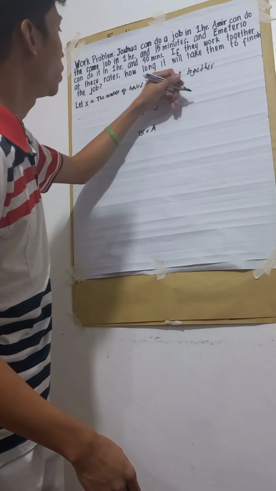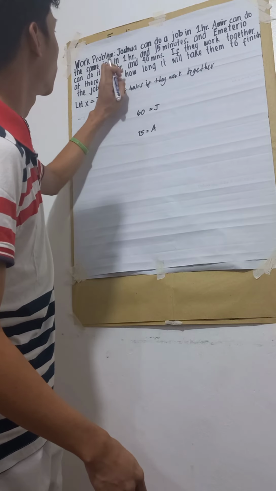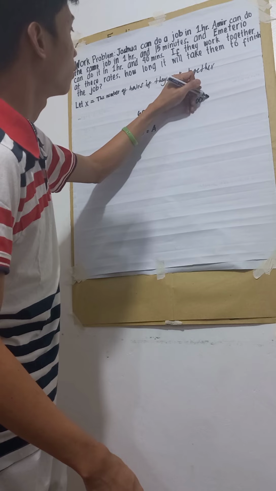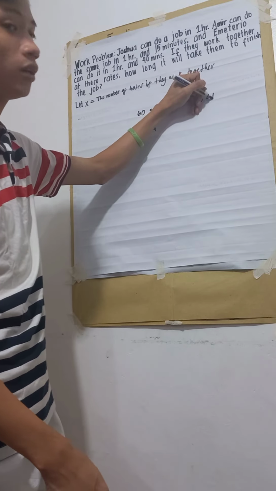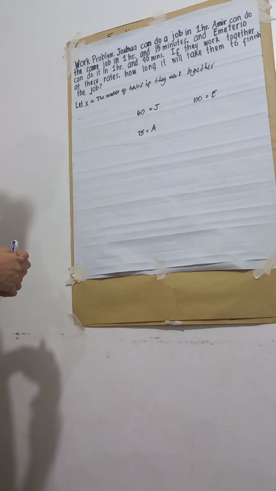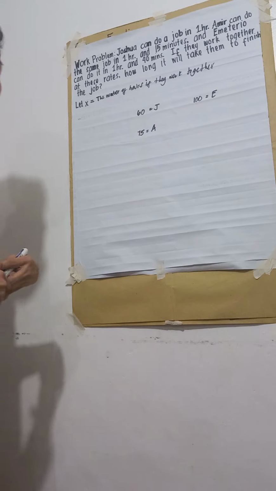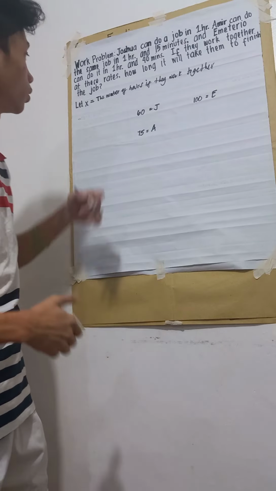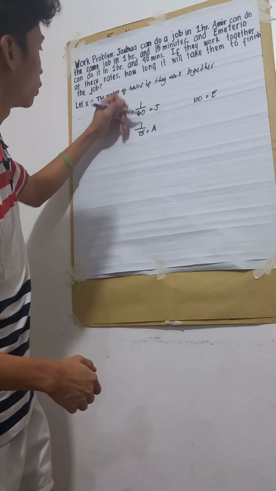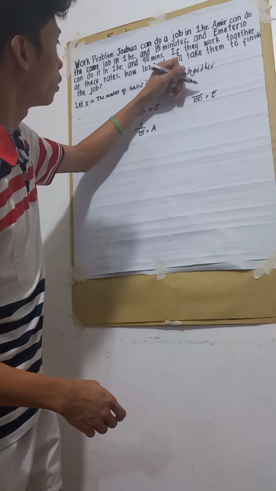So 60 plus 40 is equal to 100. 100 is for Emeterio. Okay. So we're going to make it as a fraction. So that would be 1 over 60, 1 over 75, and 1 over 100.